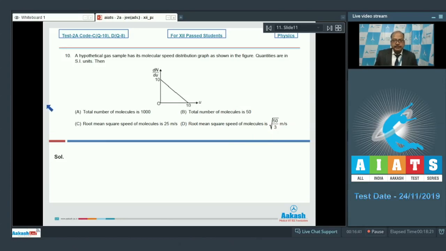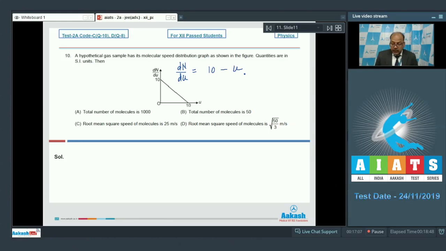We can see here that if I write the equation of the straight line, we will get dN by du is equal to 10 minus u. This is the equation of the straight line.